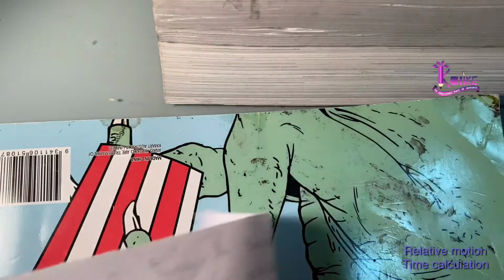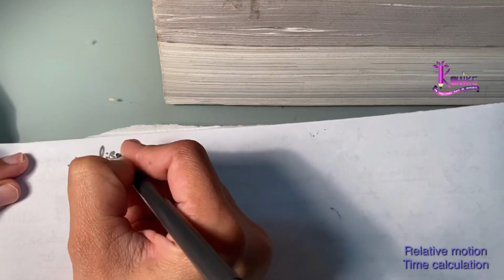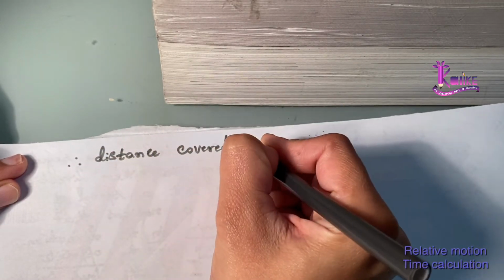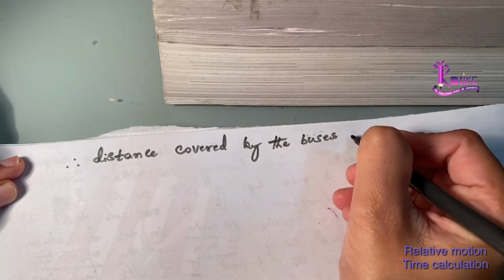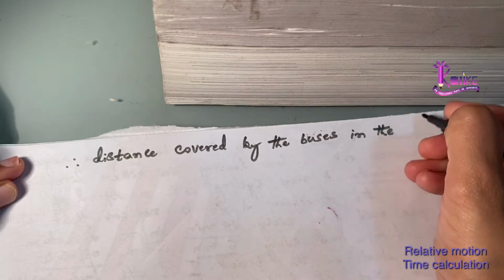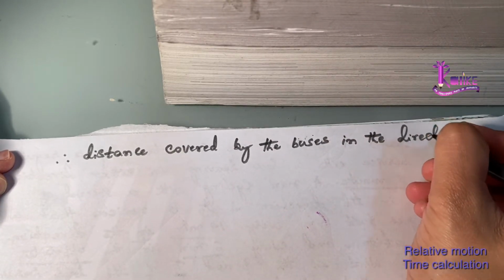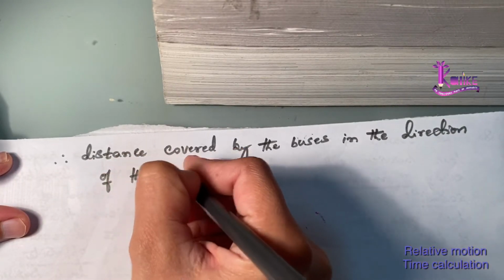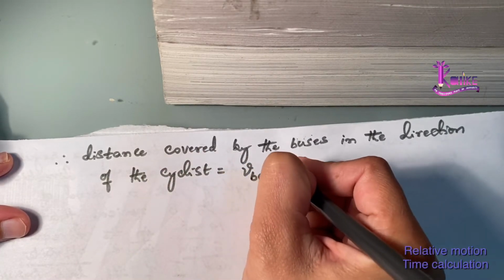So let's write that down. So we get an equation. Therefore, the distance covered by the buses in the direction of the cyclist should be equal to the velocity of the buses in the direction of the cyclist into the time that it takes.